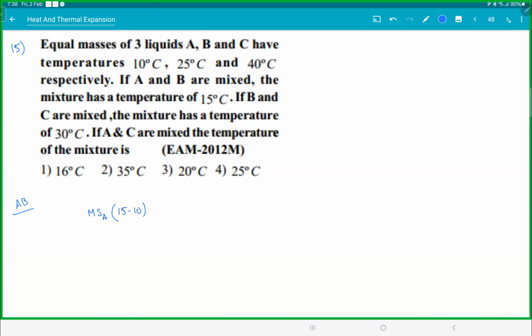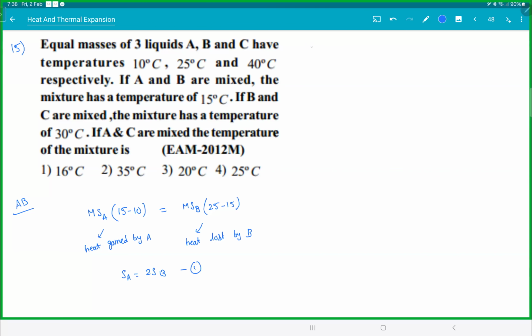This is the heat gained by A. This is m SB, and this is 25 minus 15. This is the heat lost by B. So that would be SA is equal to 2 SB. This is one equation we have.